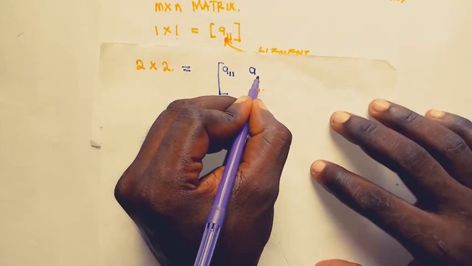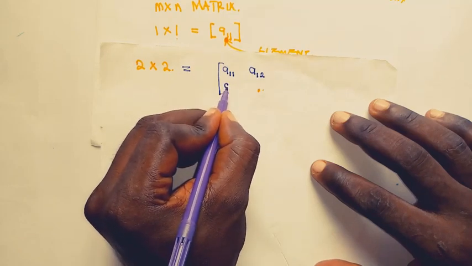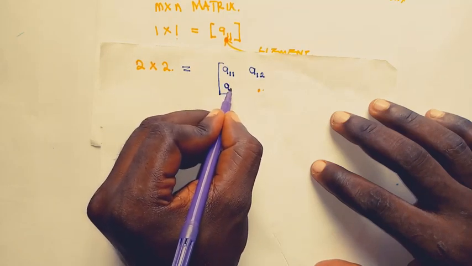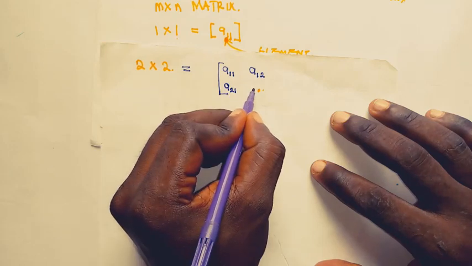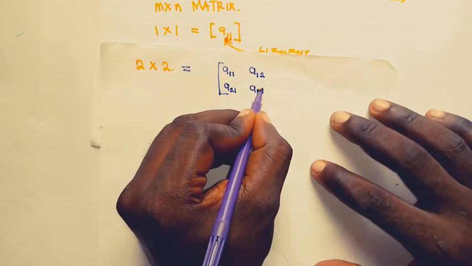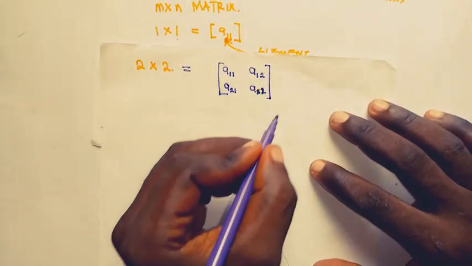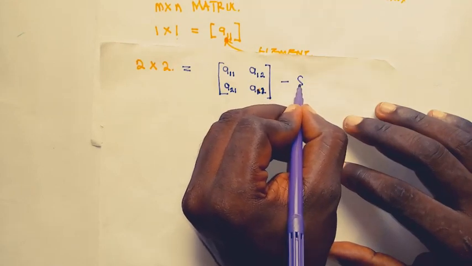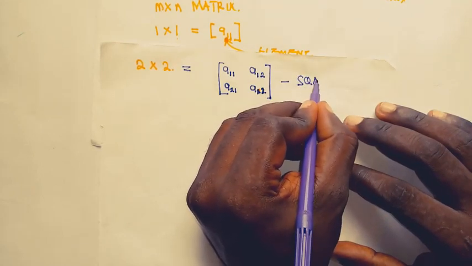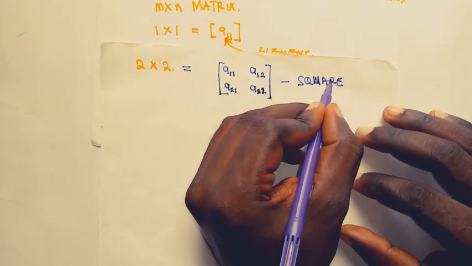The second element is in the first row, second column. The third element is in the second row, first column, and the last element is in the second row, second column. So this is a square matrix.